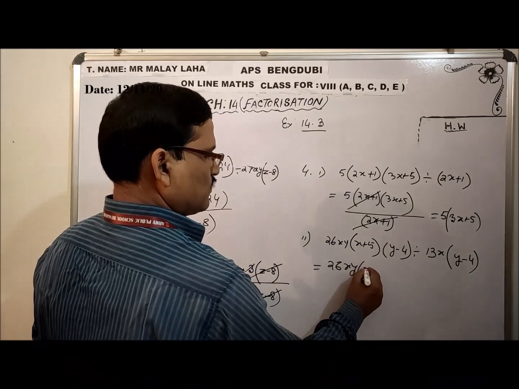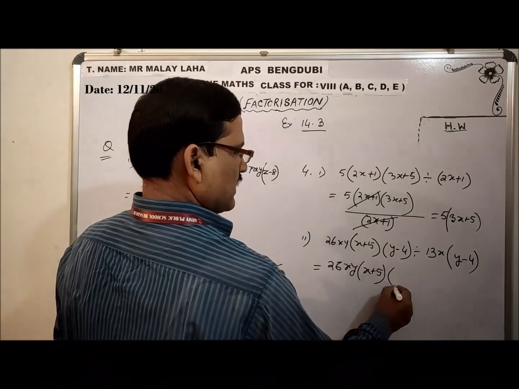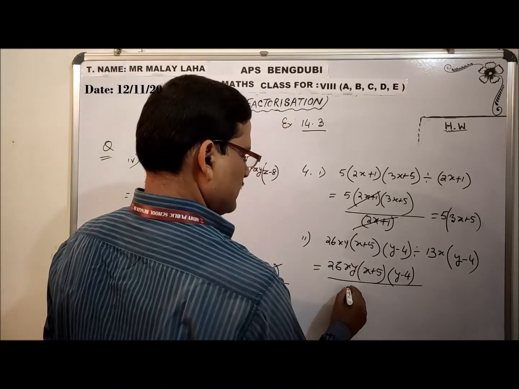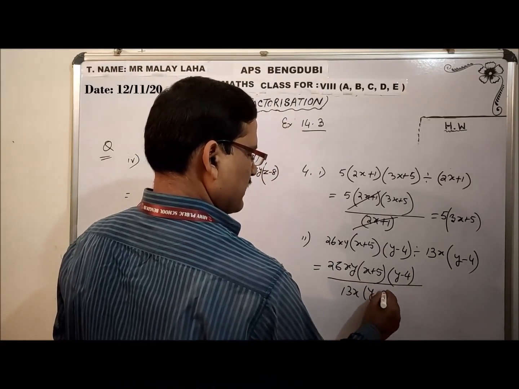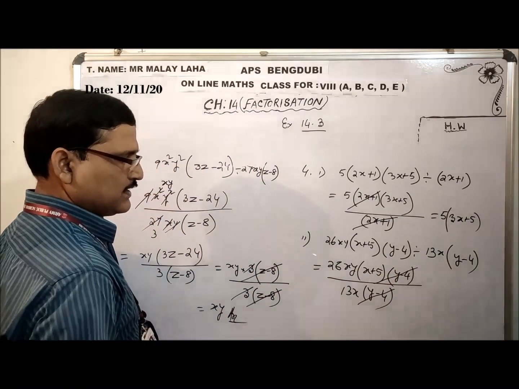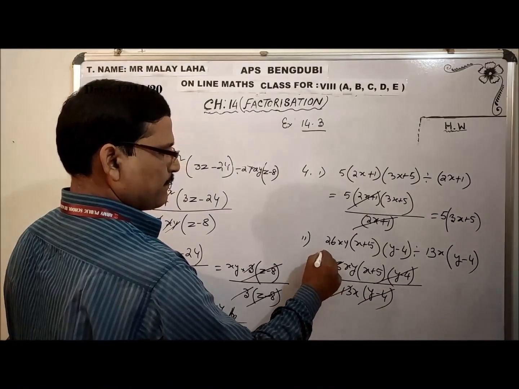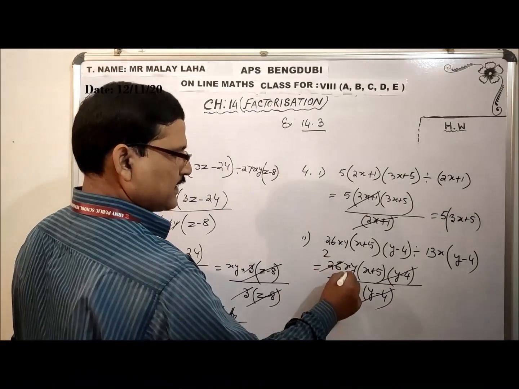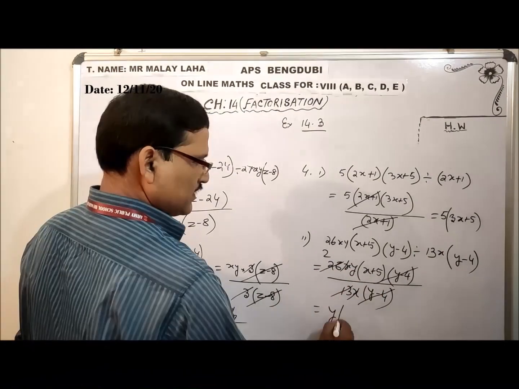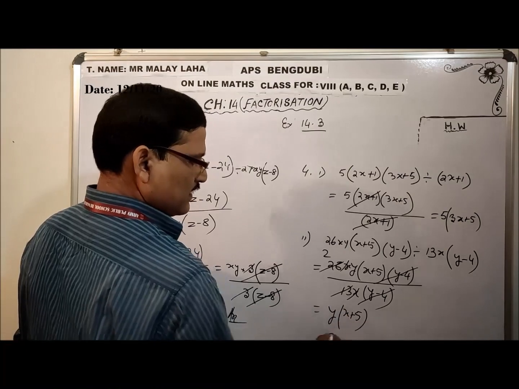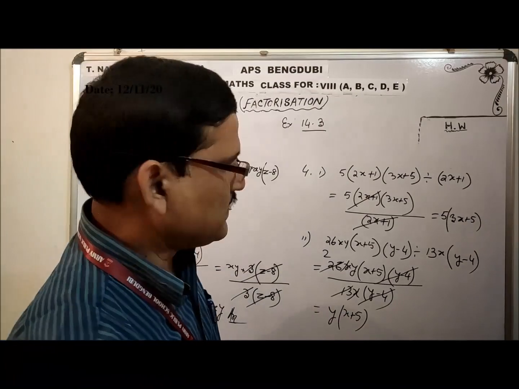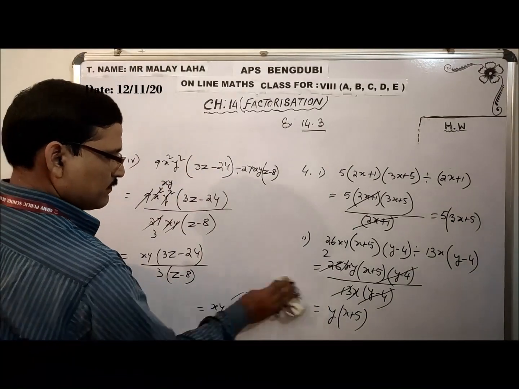First of all, this y minus 4 gets cancelled. 13 2s are 26, x and x cancel. What is left out? y and this part. y into (x plus 5) is the answer. Understood? Very simple. Only arrangement is equal and cancel it.